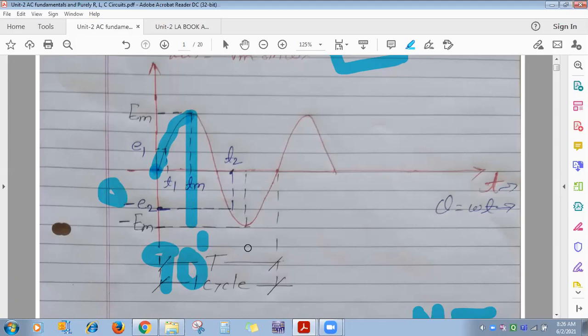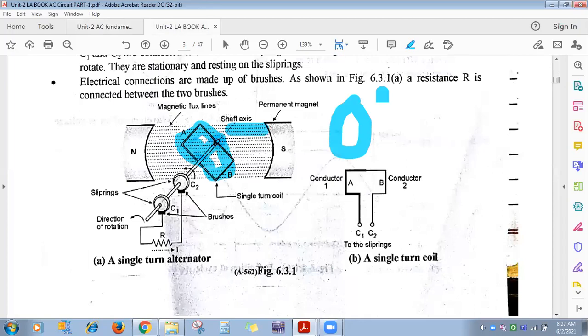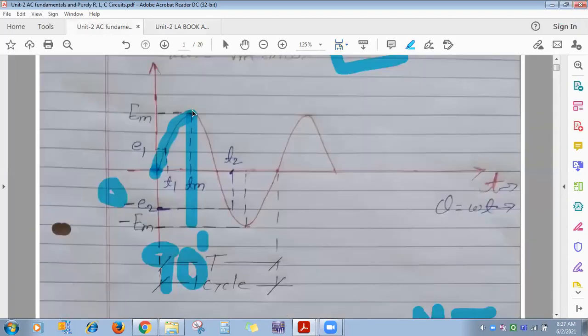When you have rotated the coil so that this angle is 90 degree, maximum flux is cut by the coil. So the induced EMF will be maximum. Whatever EMF is induced in the coil, you can find its direction using Fleming's right hand rule. Right now I have denoted it as the positive half cycle.